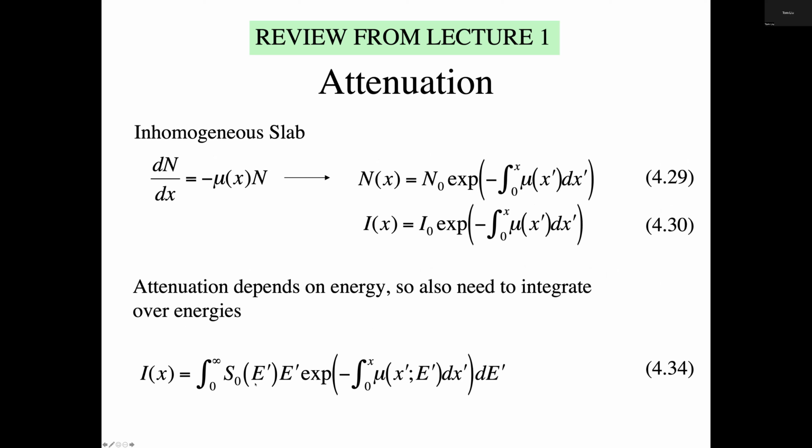Looking back, the attenuation is proportional to the mu value and the path that the X-rays are going on. So I have to integrate from entry into the object to whatever depth I'm at, to get my total attenuation across that depth to this value X.